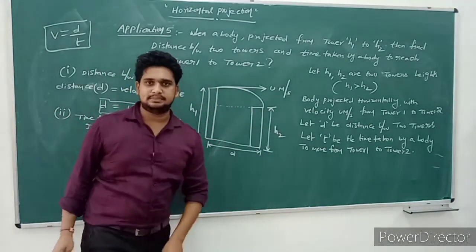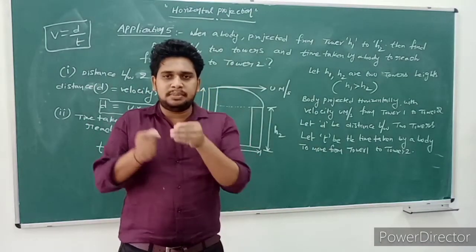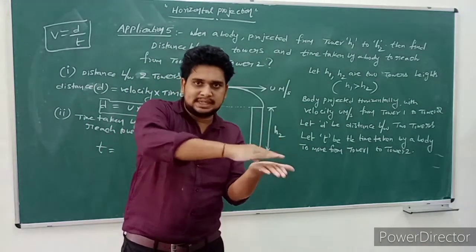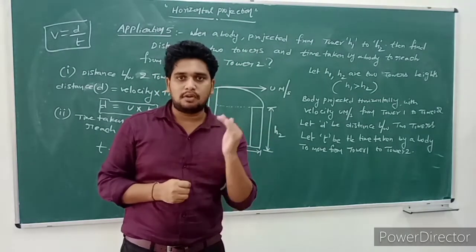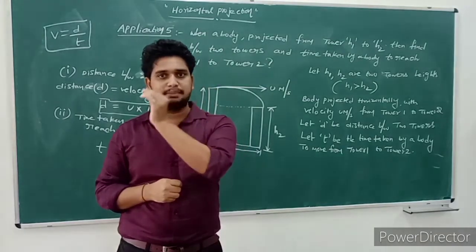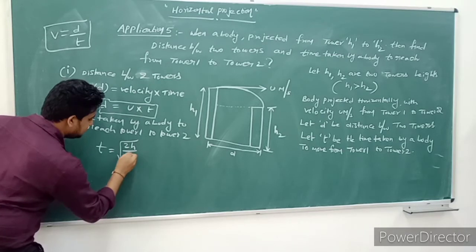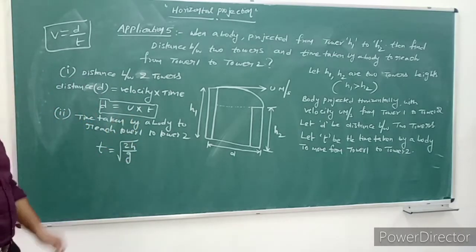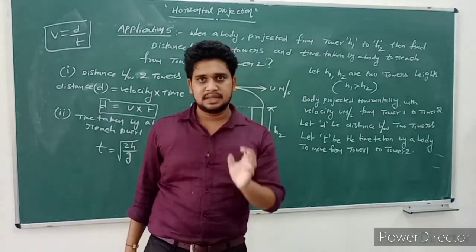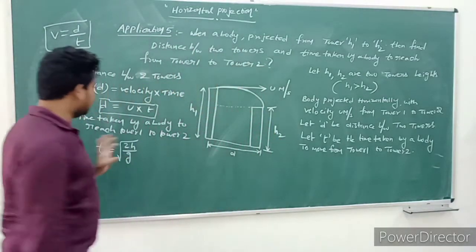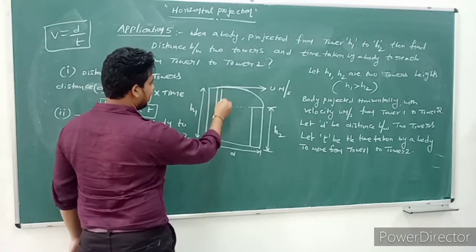Time of descent. Time taken by a body to reach the ground, or some certain ground level, is called time of descent. Time of descent formula is square root of 2h by g. Is it or not? Here, what about h? h means this height.